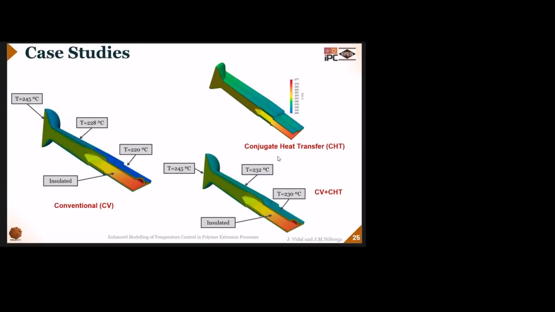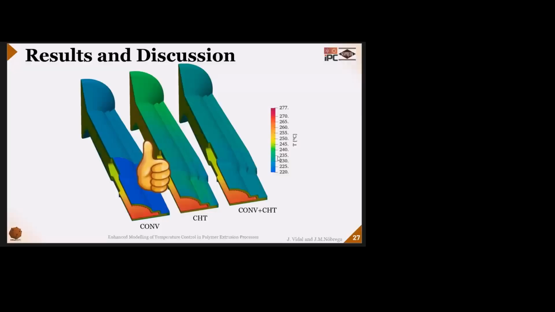Knowing this, we developed another approach, the CHT plus the conventional approach, where we read some measurements on the surface of the flow channel and we apply it to the wall as in the conventional way. We see some big differences, like in the case of the adapter, we get 4 degrees, which is a considerable difference.